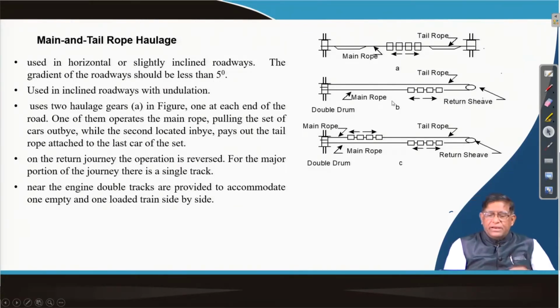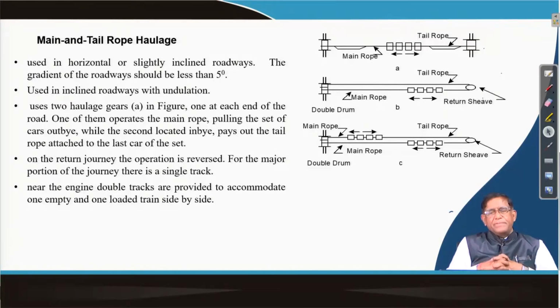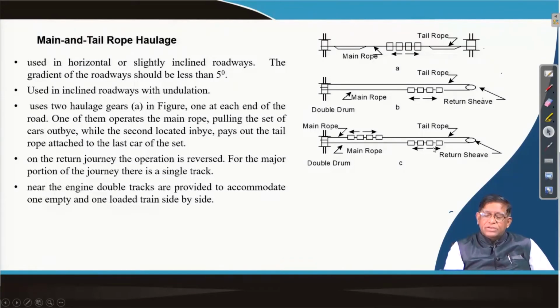Now, depending on how you arrange the operations, it may so happen that both will be loaded, going as a loaded one and returning with the empty one, or you can do the loaded in one and the empty in the other, in another way.